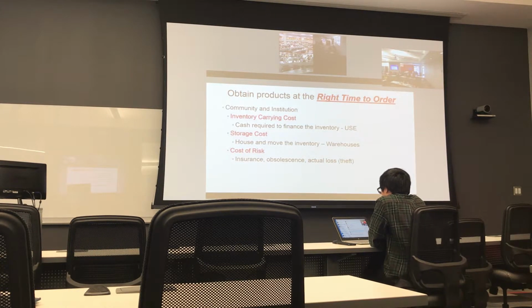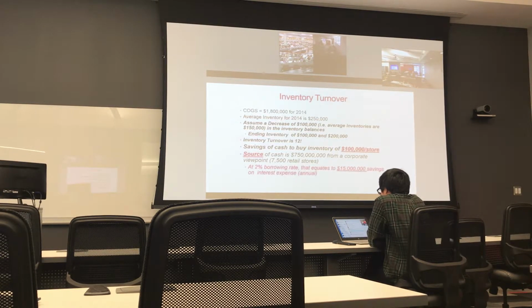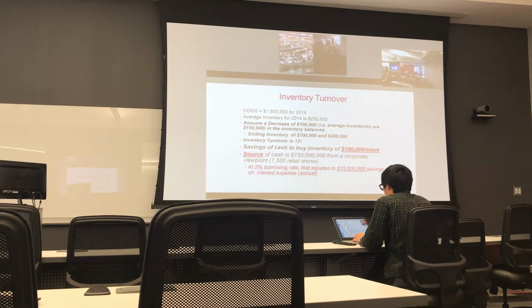Remember what I told you about our example from the inventory turnover, that at each store, at a 2% borrowing rate, it could be $15 million. It could be a savings from a corporate standpoint if you just lowered your inventory at each store. So it does have an effect.